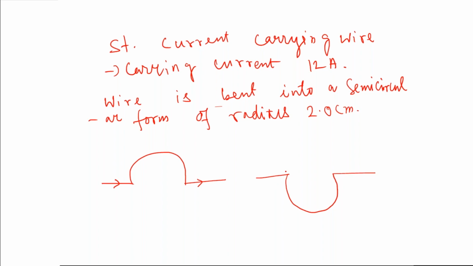So you have to tell me the magnitude and the direction of the magnetic field at the center of the arc, for both cases. This is A, this is B. You have to find the magnetic field at the center. This may not be very much semicircular, just a representative figure. The radius is 2 centimeter, and the current it carries is 12 ampere. You have to find the magnetic field at this point, at the center.